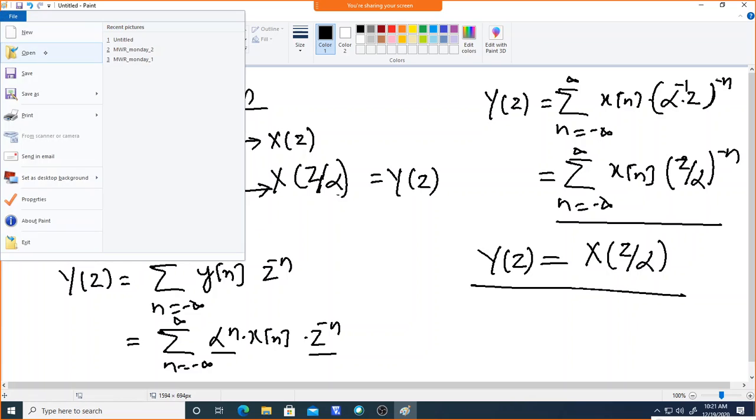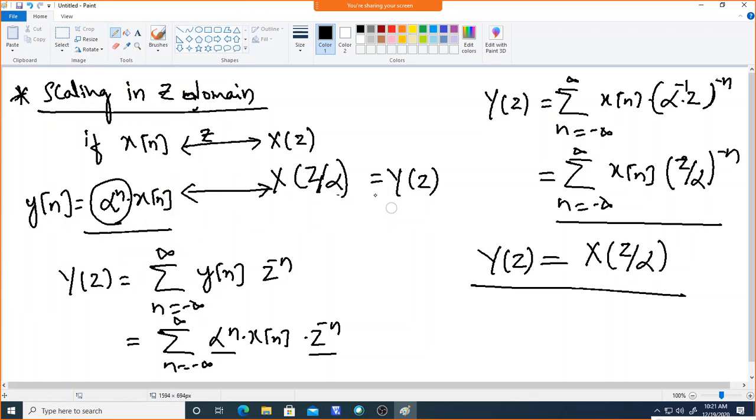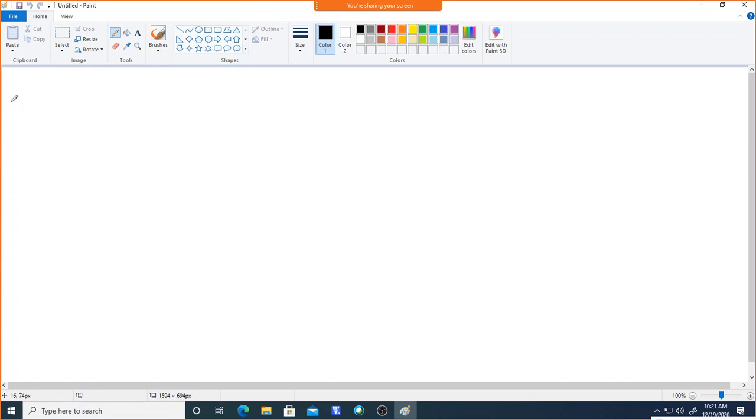Then we will move into the next property, which is time expansion. If you expand the signal, in a similar way to scaling in the z domain, time expansion happens.